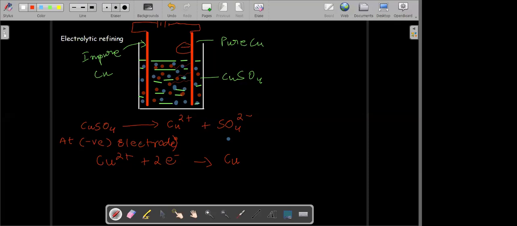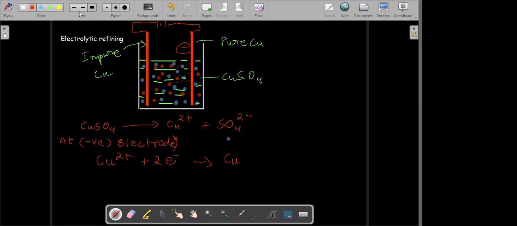All right. Then what about the neutrality of the solution? To maintain the neutrality of the solution, the positive terminal of the battery forces the copper atoms from this impure copper to move into the solution. So as soon as one copper ion gets deposited on this electrode, one copper ion from the impure electrode jumps into the solution.